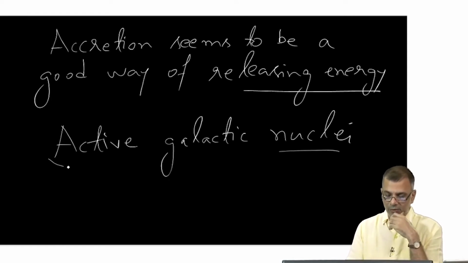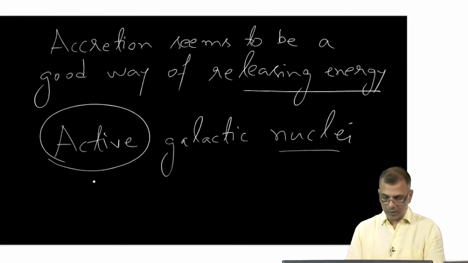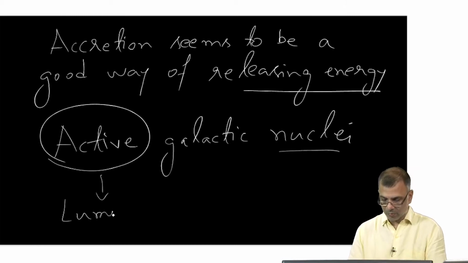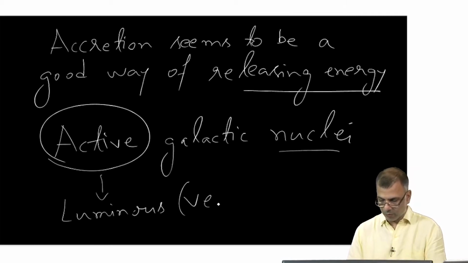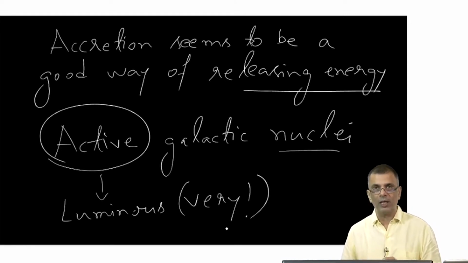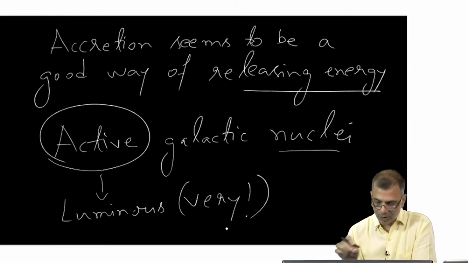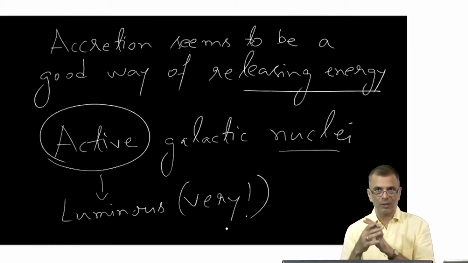They are not just dormant; they are active. They are active in the sense they are very, very luminous. They are so luminous that they typically outshine the entire galaxy. The light, the photons from the nucleus, dominates the entire galaxy.